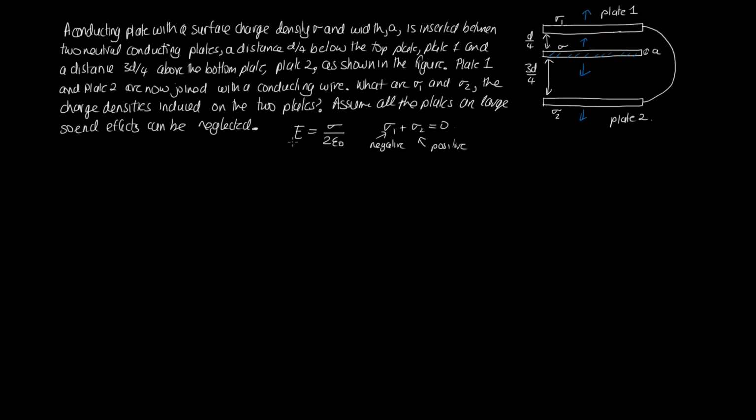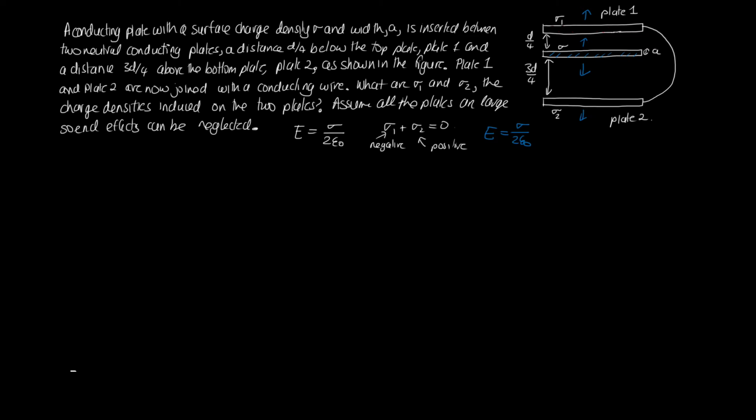Now, one of the nice things about the electric field around charged plates was that it didn't drop off with distance. There was no distance relationship. So this electric field due to the plate with the charge density sigma has a magnitude given by sigma over 2 epsilon naught everywhere. So that's the value it has in each of these regions, and we've shown the direction.